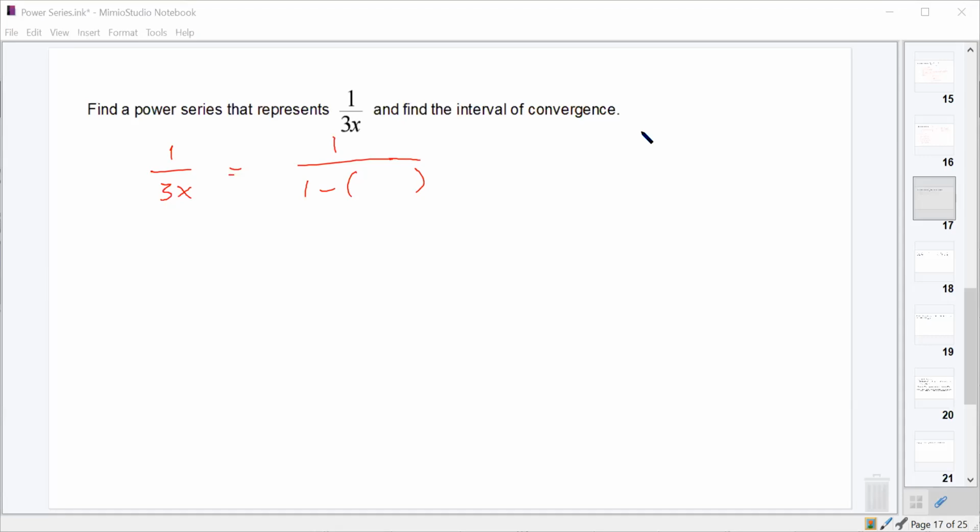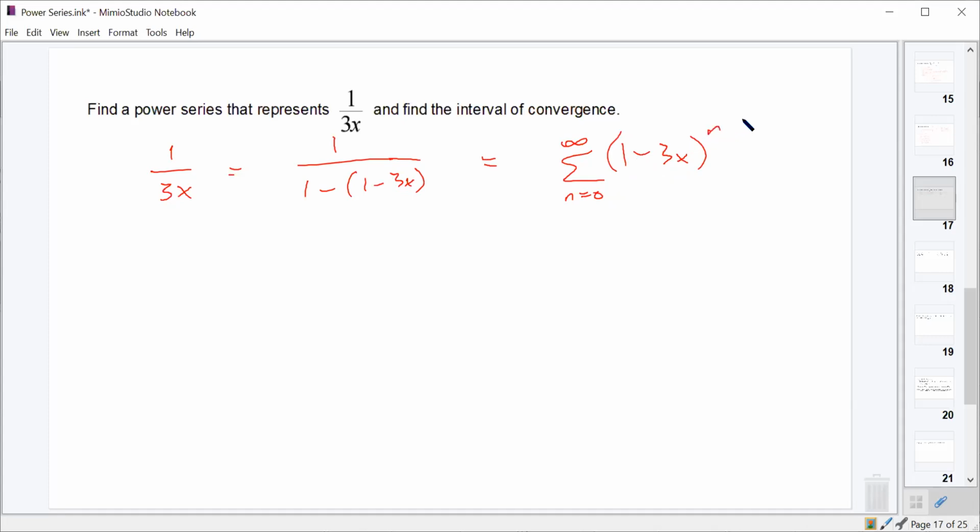Yep, 1 minus 3x. Which tells us that this series should be the sum from n equals 0 to infinity of 1 minus 3x to the power of n.